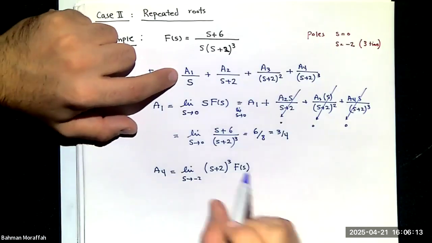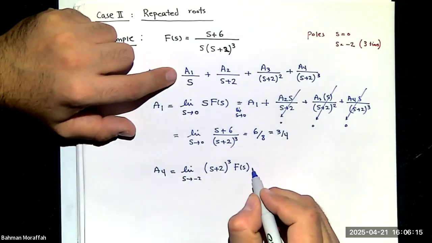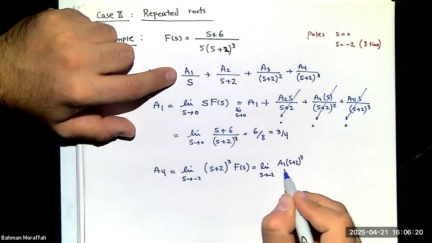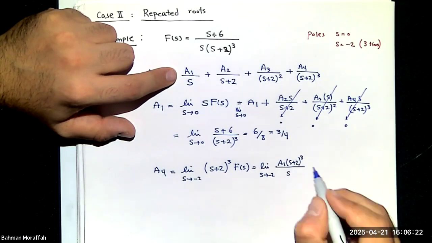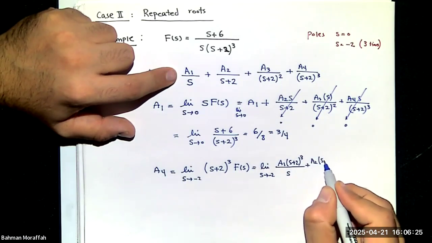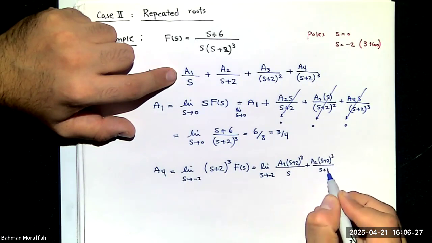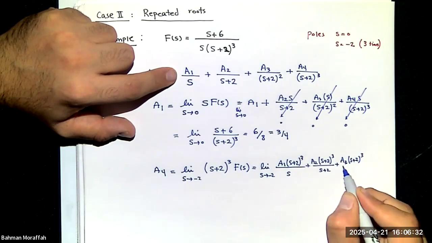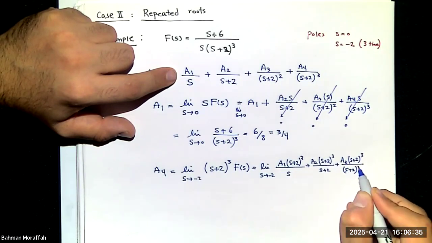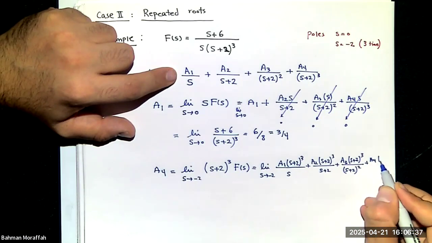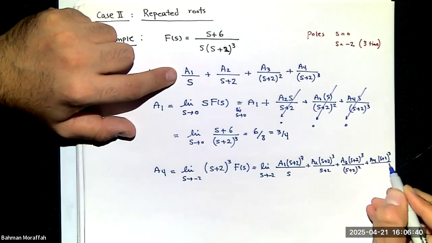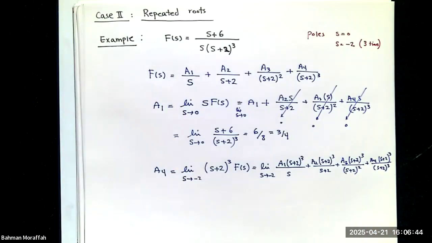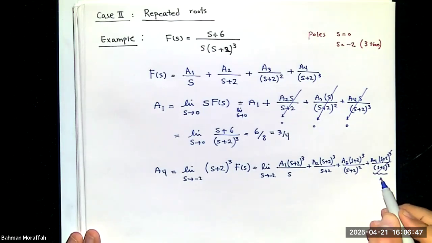If that's the case, we have a1 times s plus 2 to the power of 3 divided by s, plus a2 times s plus 2 to the power of 3 divided by s plus 2, plus a3 times s plus 2 to the power of 3 divided by s plus 2 squared, plus a4 times s plus 2 to the power of 3 divided by s plus 2 to the power of 3. This and this cancel, I only get a4 over here.